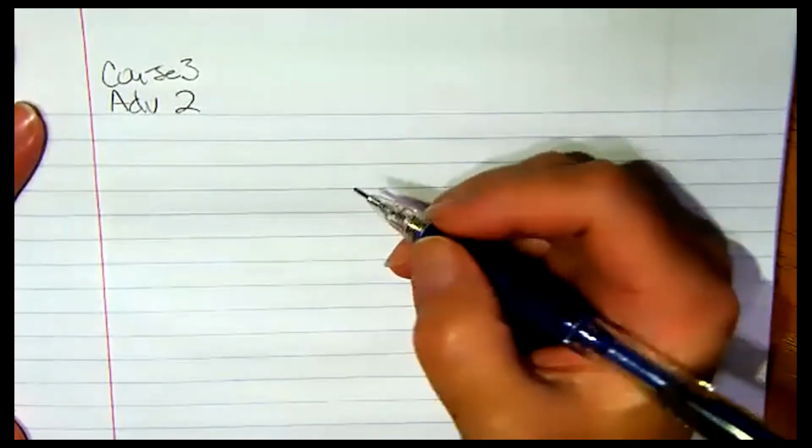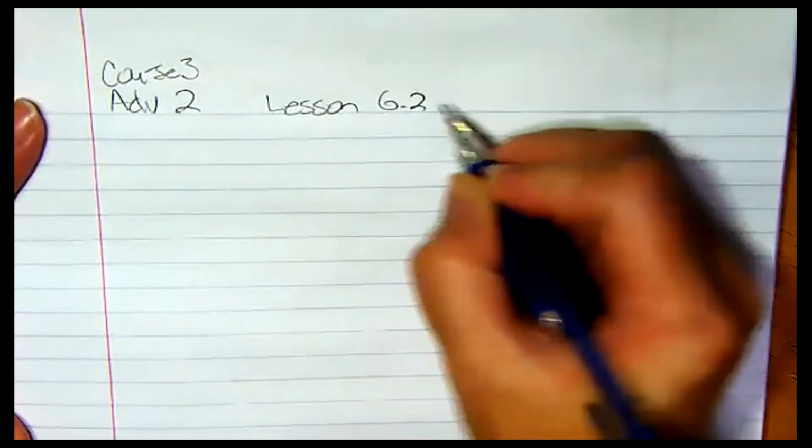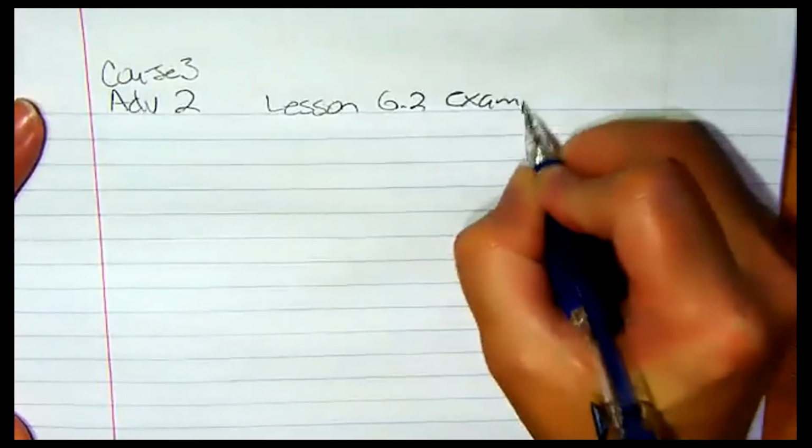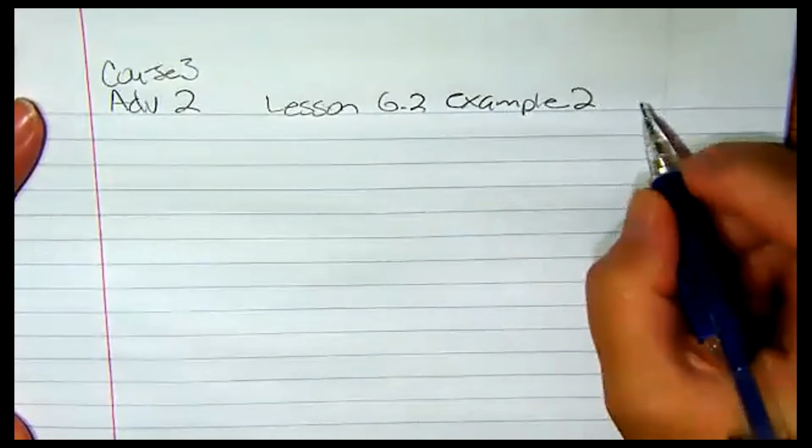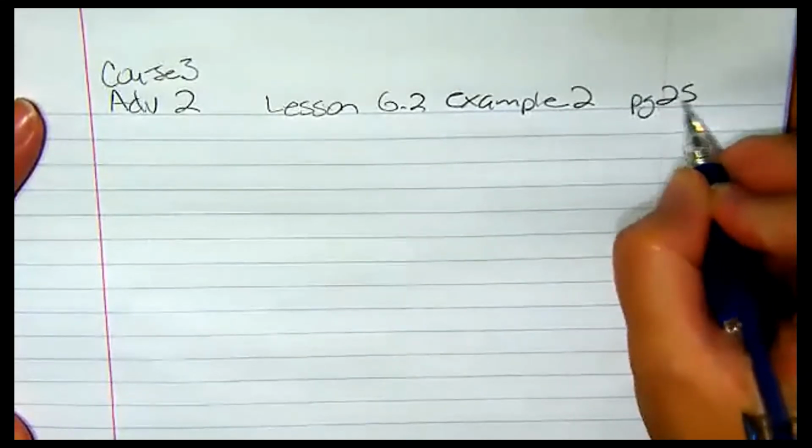Okay, if you are in 7 Excel, we are working from the Advanced 2 textbook. If you are in Math 8, we are working from the Course 3 textbook. We are doing lesson 6.2, example 2, and it can be found on page 250.